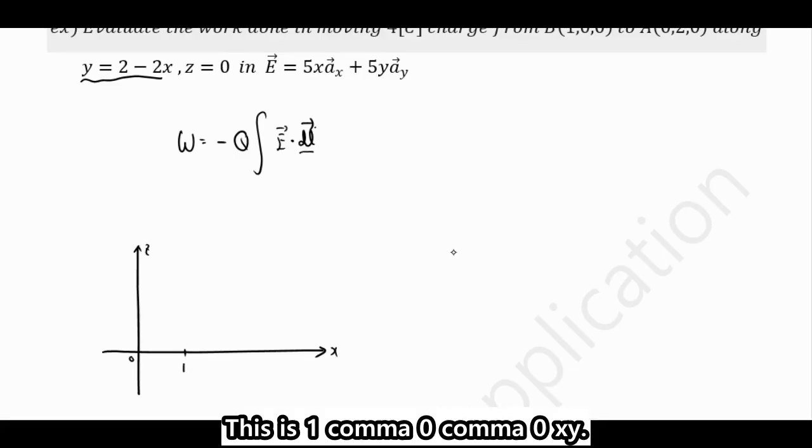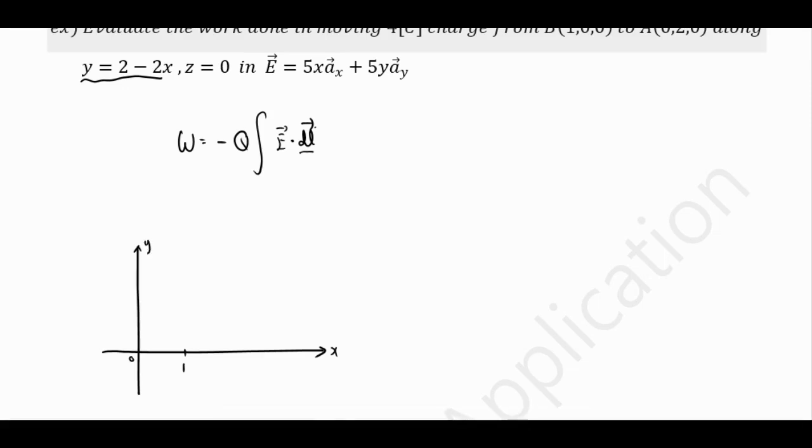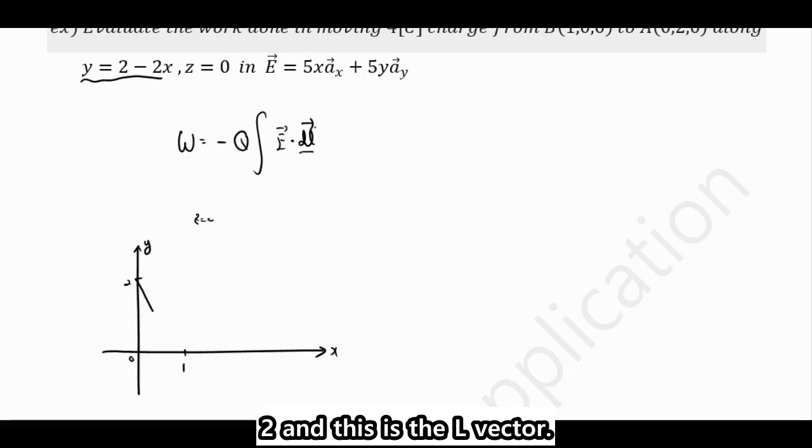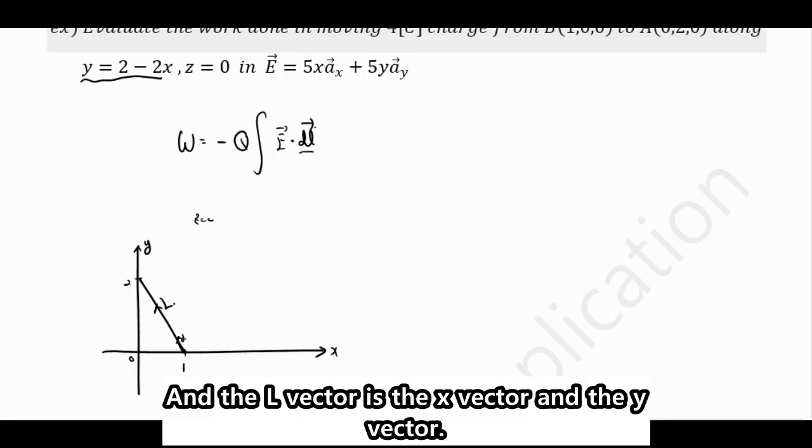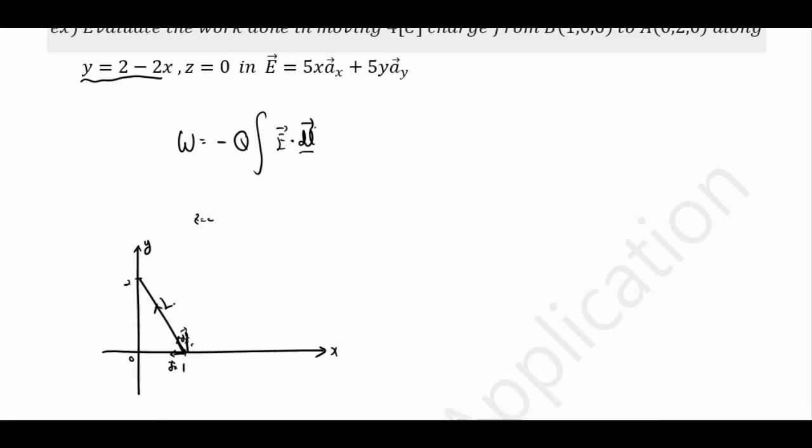This is 1, 0, 0, x, y, and this is z equals 0. This is the xy plane. This is the L vector, and the L vector is along the x vector and the y vector.